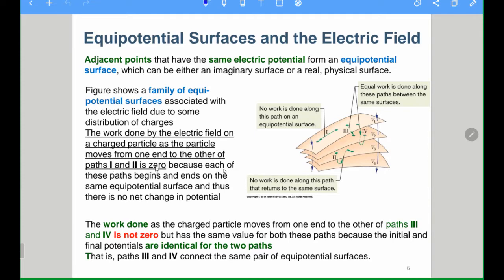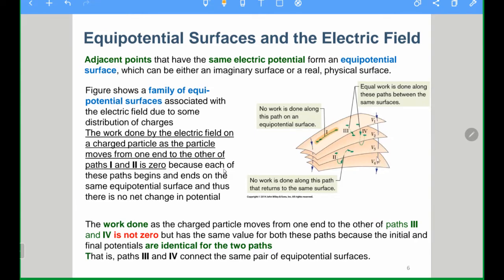So let's see what it means. So this is path 1. Path 1 is all the way on the equipotential surface V1. So this is a surface that has the electric potential V1. So this is an equipotential surface. This is another one, V2, V3, and V4, and so on.